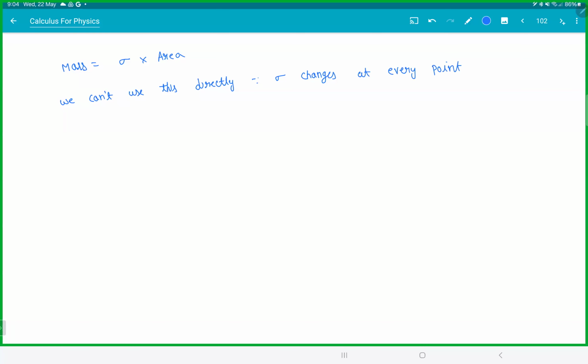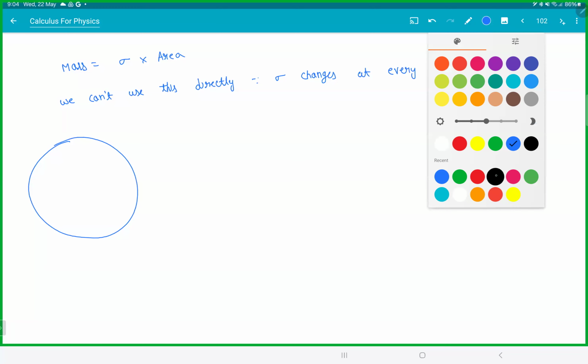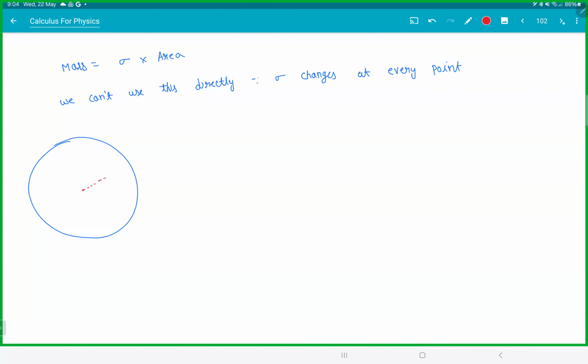So how do we proceed with this? At a distance x from the center, we take a thin ring of thickness dx.